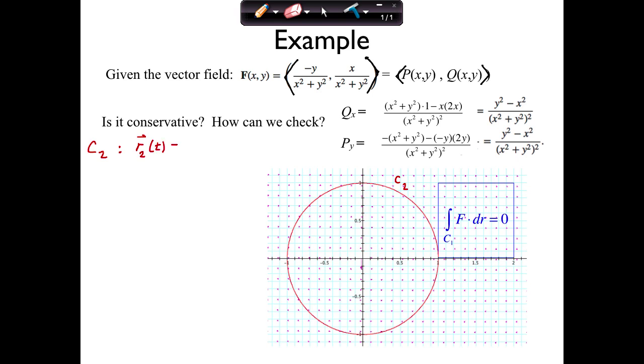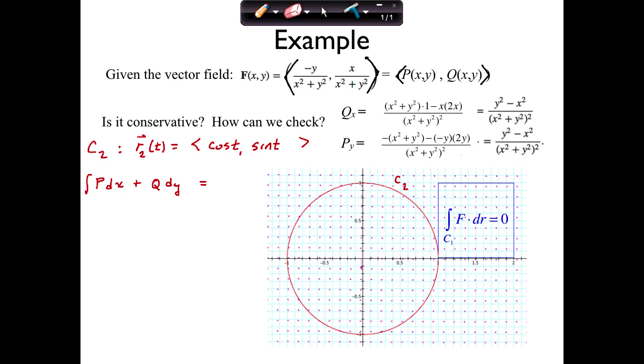Unit circle, best parameterization is? Cosine and sine. Perfect. Now we're going to set up the line integral of F dot dr. That's the same as the integral of P dx plus Q dy, right?